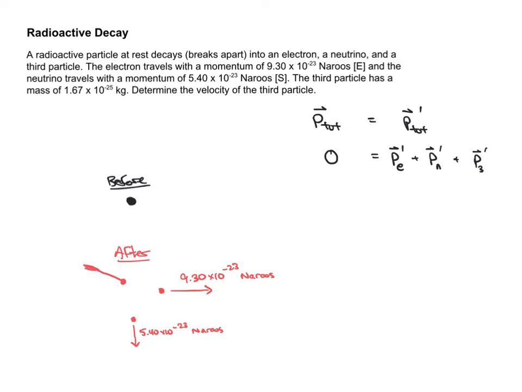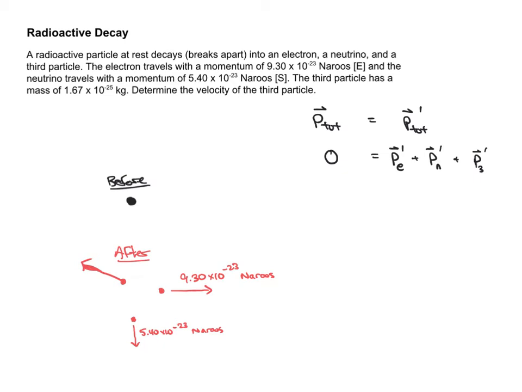Not 45 degrees, because those 2 components are not equal. So I'm going to label this as P3, momentum of particle 3. And that's what we have to find out, both the magnitude and the direction.